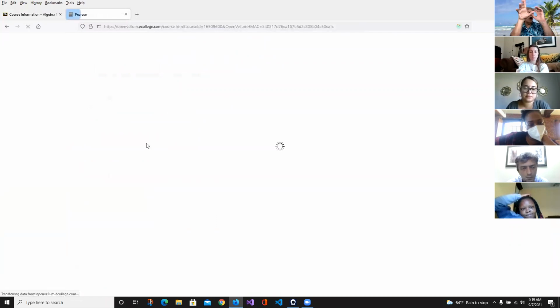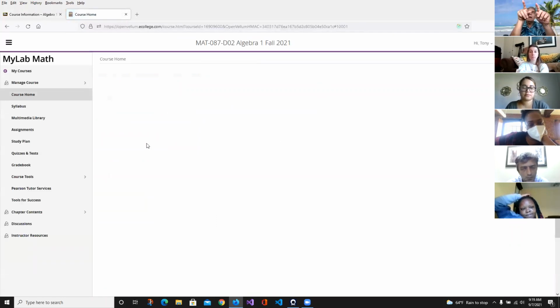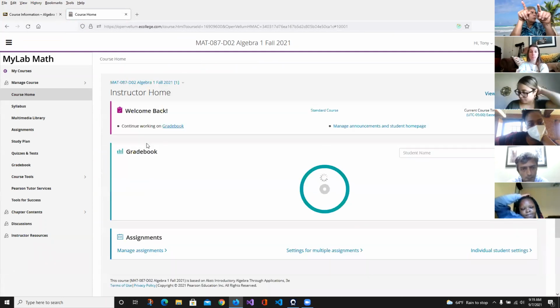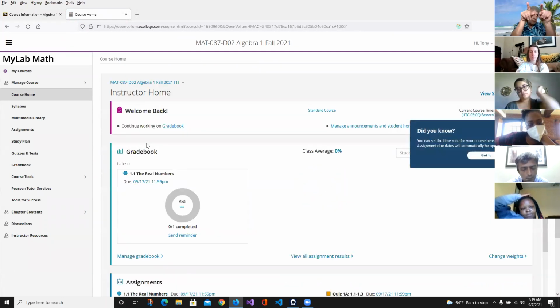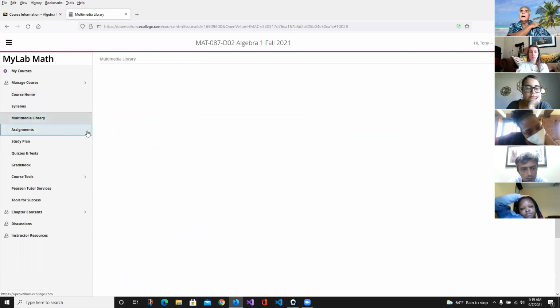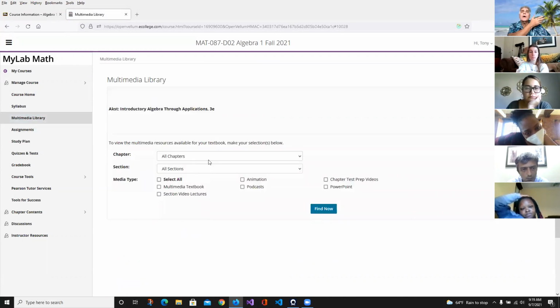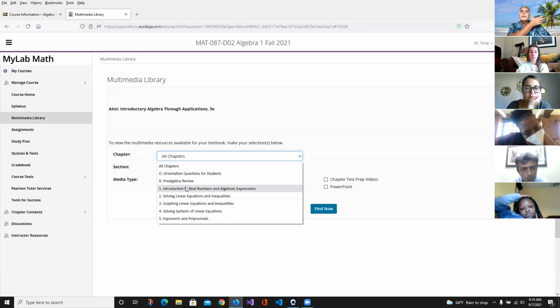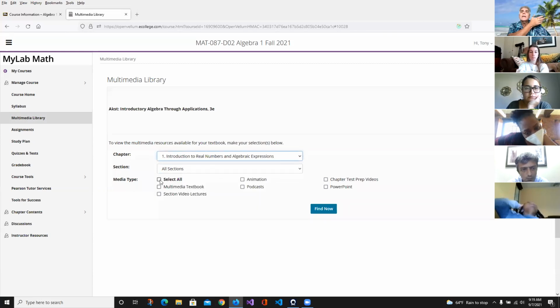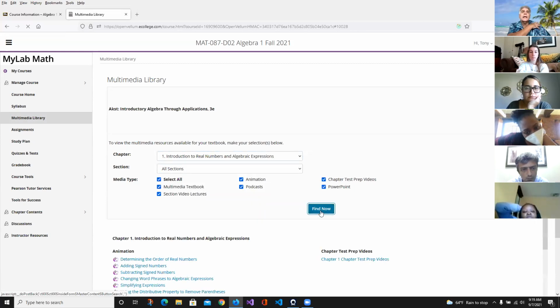Notice I'm always going to my Math Lab through Blackboard. So let's take a look at the media library. This is where the textbook is. If you want to learn about the stuff, let's go here. Select everything. Why not select everything? See what you got.